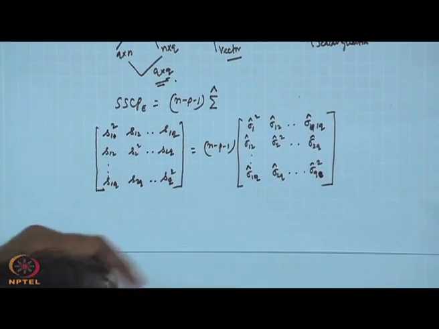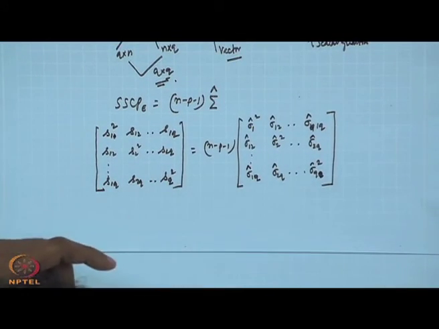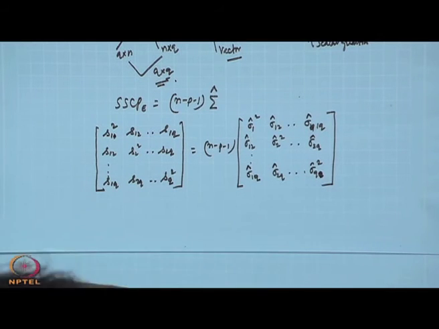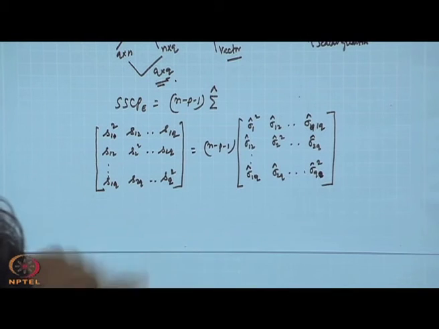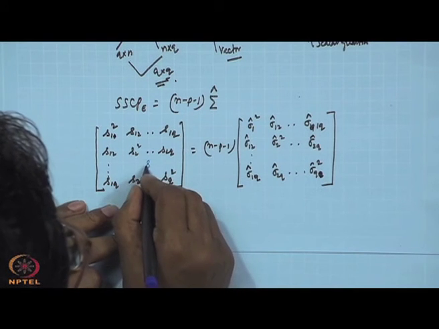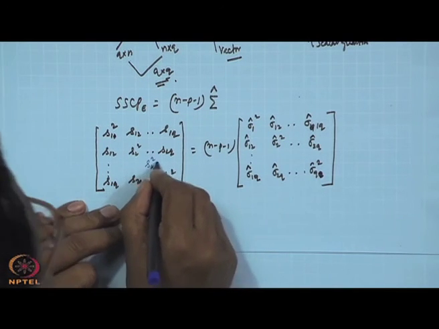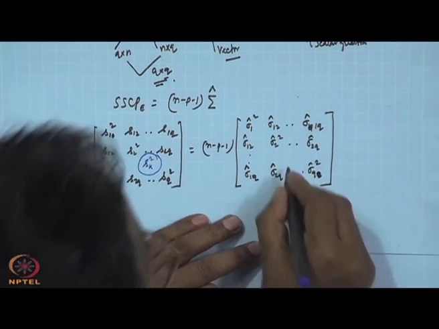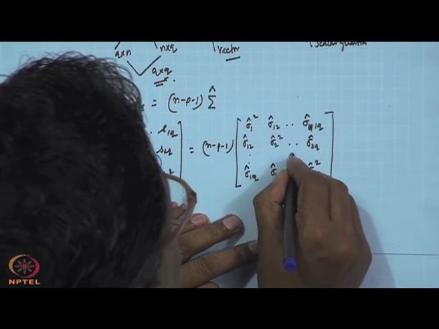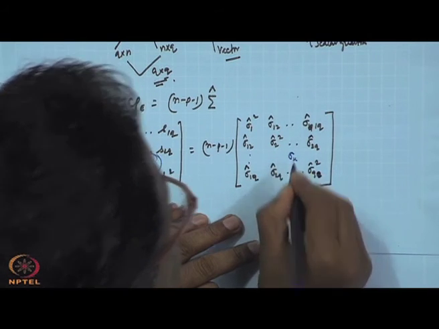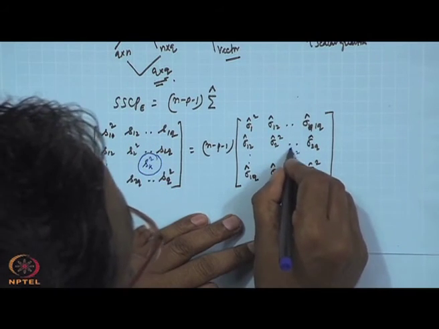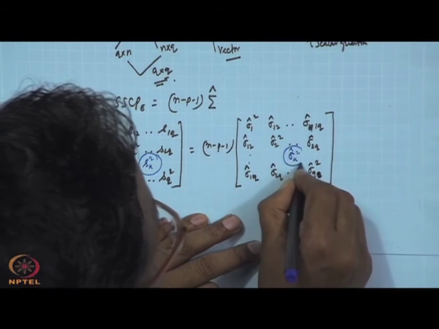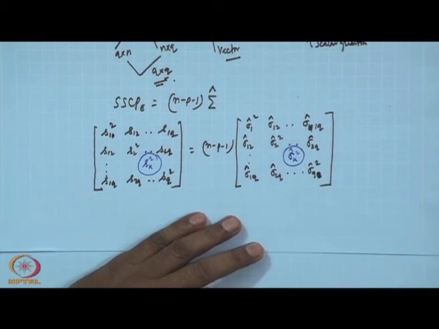So, if I take one value here, which is s for the kth dependent variable, s k square, then the corresponding population case is sigma k square, but we are estimating this one.